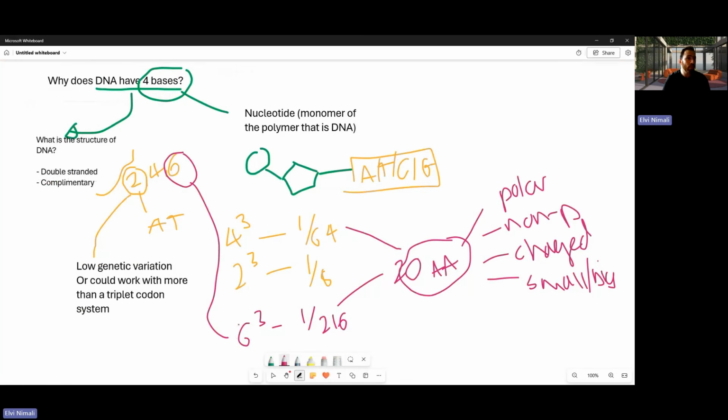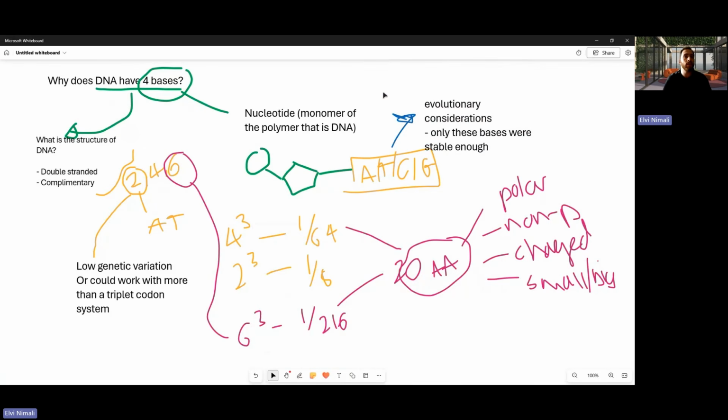But there is a practical limit, right? You could argue that, yes, 8 or 10 bases is even more diverse, but maybe from an evolutionary point of view, only 4 bases were actually stable enough, chemically, right? So there are also other factors like evolutionary considerations that could be important.